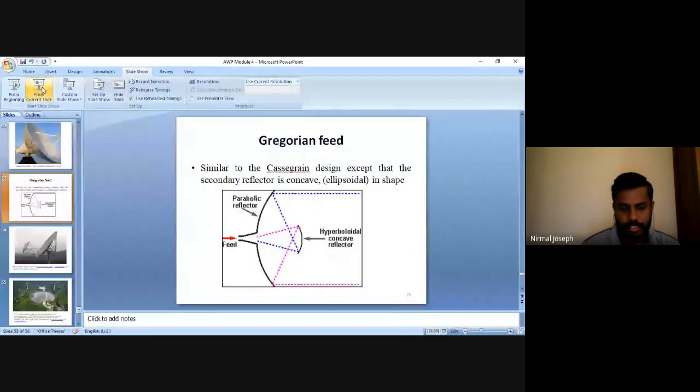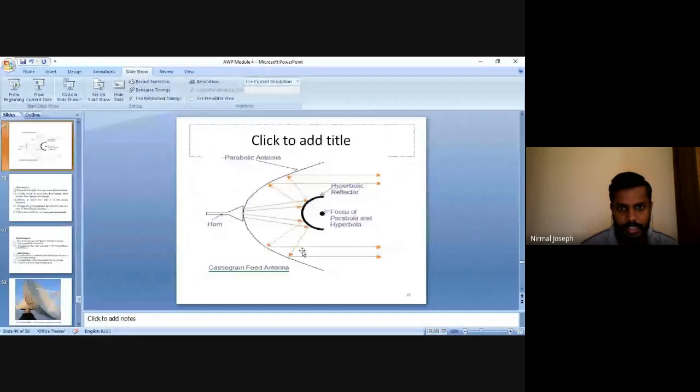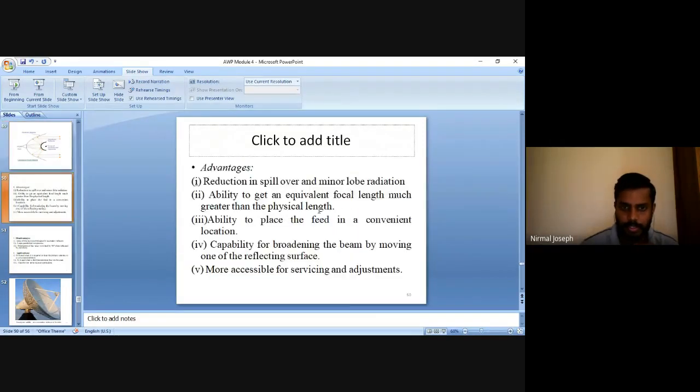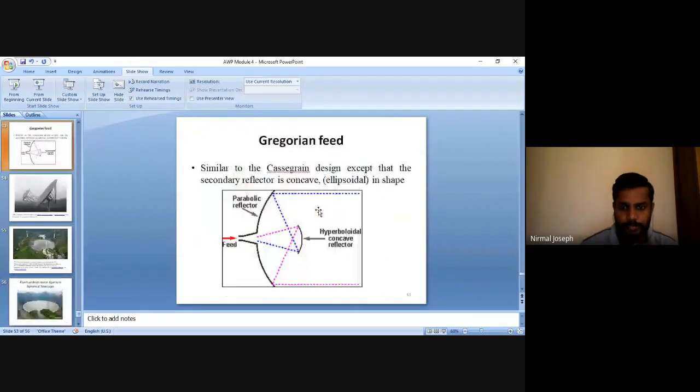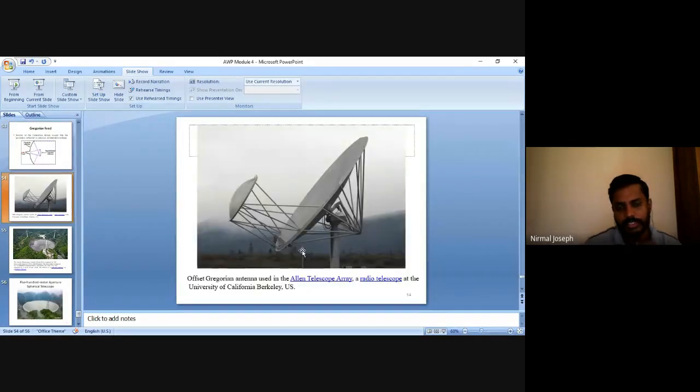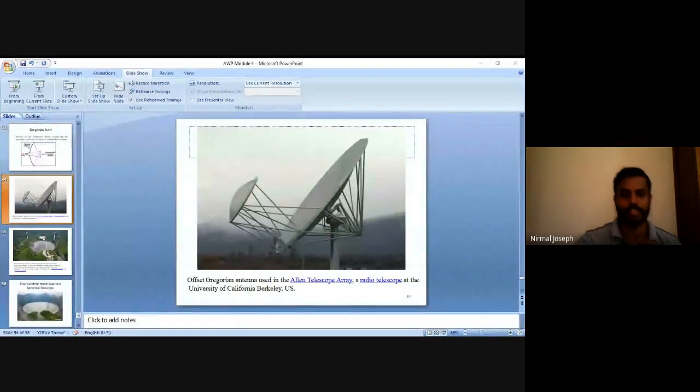In the classical Gregorian feed, the hyperbola was located at the center, like in the Cassegrain feed. Here, in the classical Gregorian feed, this concave hyperbola is located at the center. So what is the difference between this particular antenna and a classical Gregorian feed antenna? What is the difference?